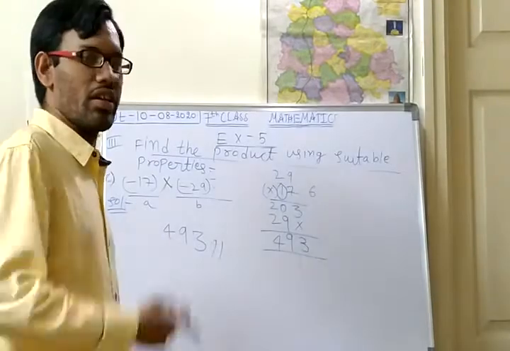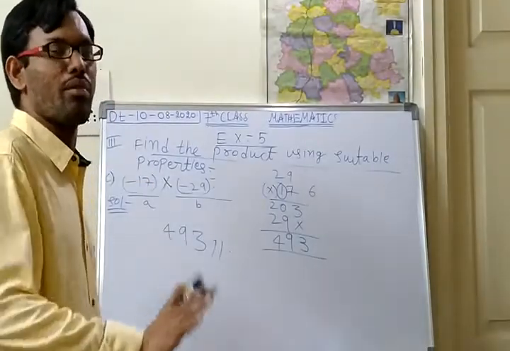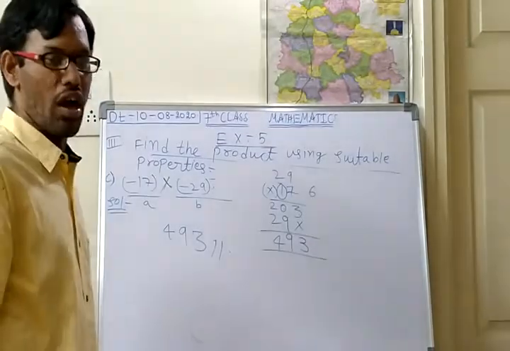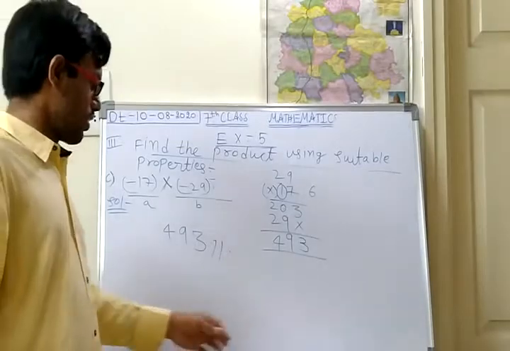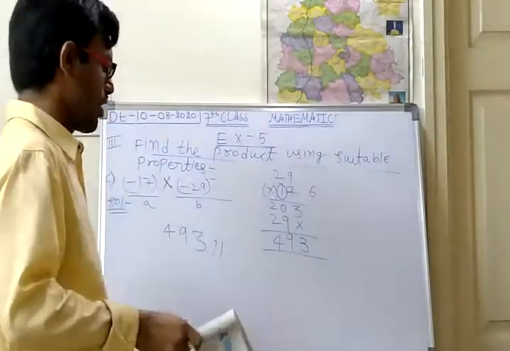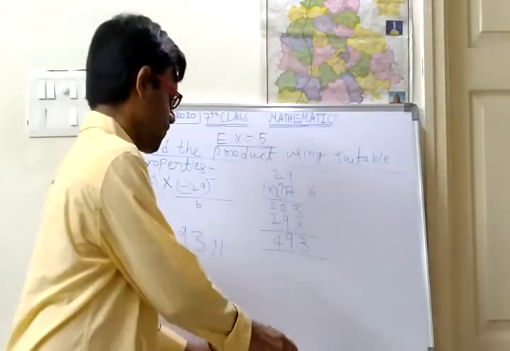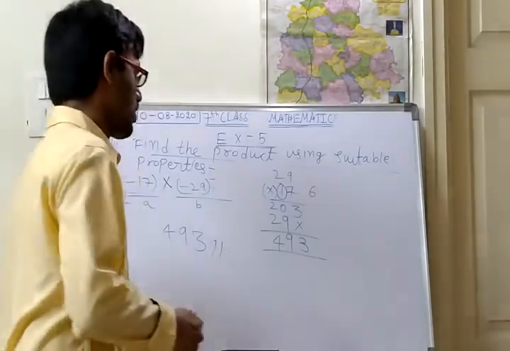Okay. Like this, there are problems regarding the properties. I hope you have understood these properties very easily. Now we shall go on with one more basic operation regarding the properties.